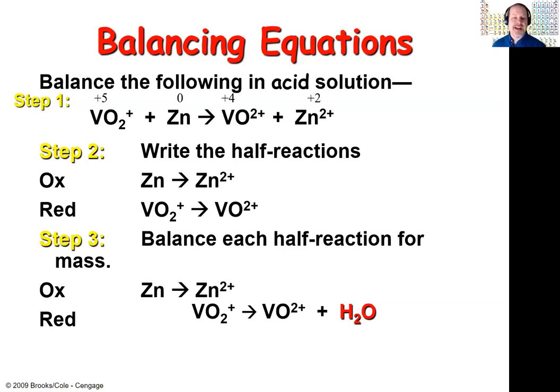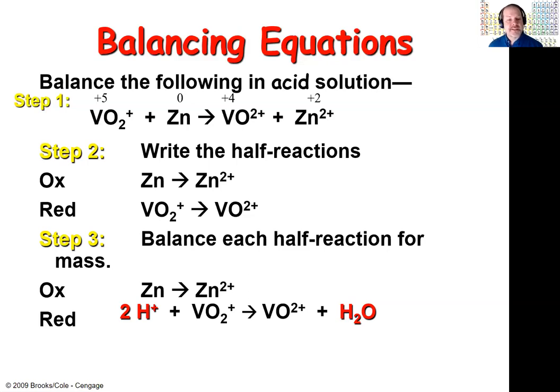Secondly, we're going to add hydrogen ions to the left-hand side to balance the number of hydrogens that I added by adding water. This is what we call balancing in acidic solution, which is the term I had at top. Acidic solution provides the protons, H+, that we need to execute these electrochemical reactions.